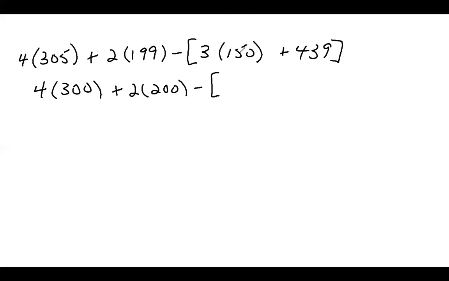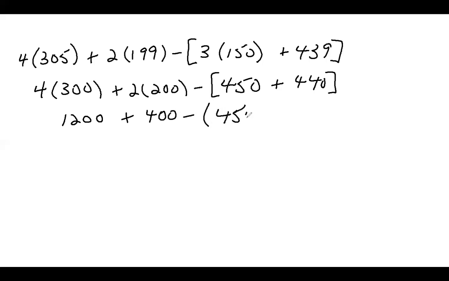All right, 3 times 15 is 45, so this is 450, plus 439, I'll call that 440, although I'm going to change that later. Now it's much simplified. So 4 times 3 is 12, plus our 2 zeros, plus 2 times 2 is 4, plus our 2 zeros, minus 450.